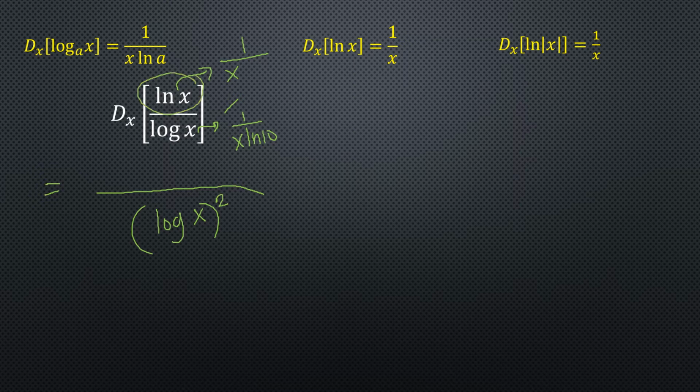Then we get the derivative of ln of x, the numerator, which is 1 over x, and then multiply that to the denominator, which is logarithm of x. Take note, the operation is subtraction. Now get the derivative of the denominator, and that is 1 over x ln of 10, and multiply that to the numerator, ln of x.